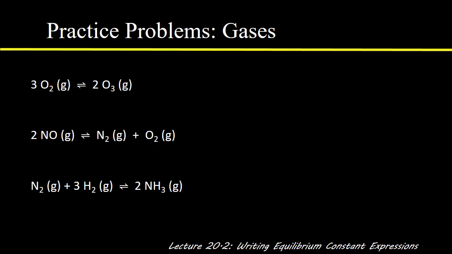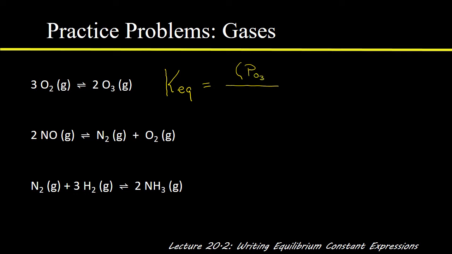Okay. So we'll do a couple practice problems for gases. I'll do the first one to show you what I'm looking for. To write the equilibrium constant for this reaction, this is 3 moles of oxygen converting to 2 moles of ozone. So the equilibrium constant is just going to be, in this case, the partial pressure of the product.